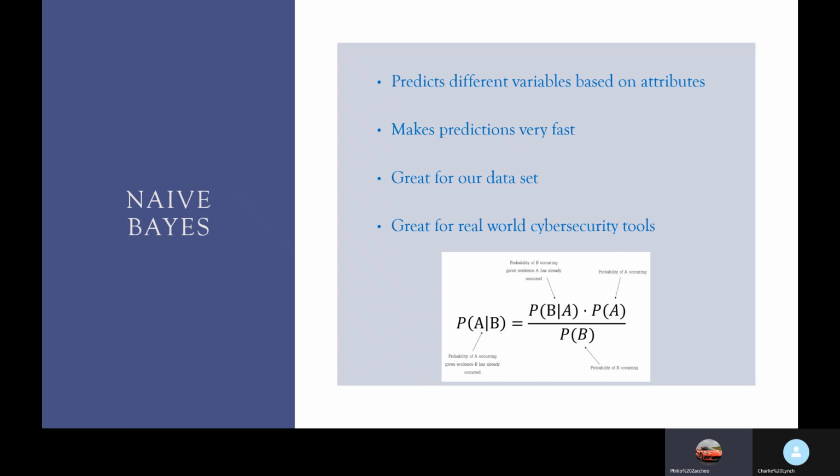Naive Bayes would be used in these malware detection tools so that it can say, hey, I'm recognizing that this is malware. Don't click on this link or don't click on this attachment. And it's able to recognize that within a split second. Obviously sometimes it's going to be wrong, sometimes it's right. You really can't have 100% accuracy with machine learning.